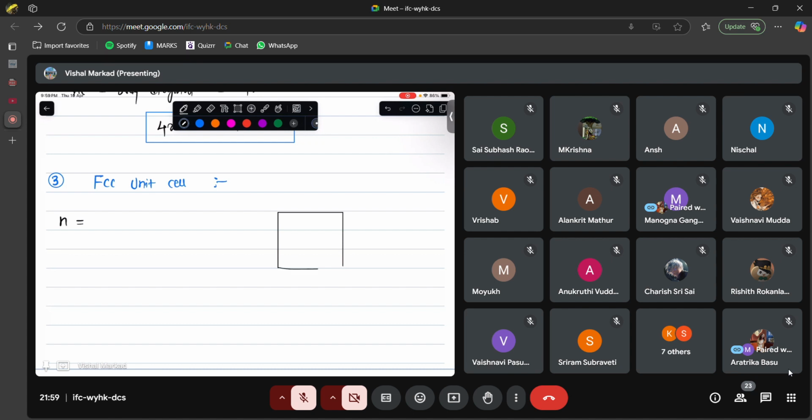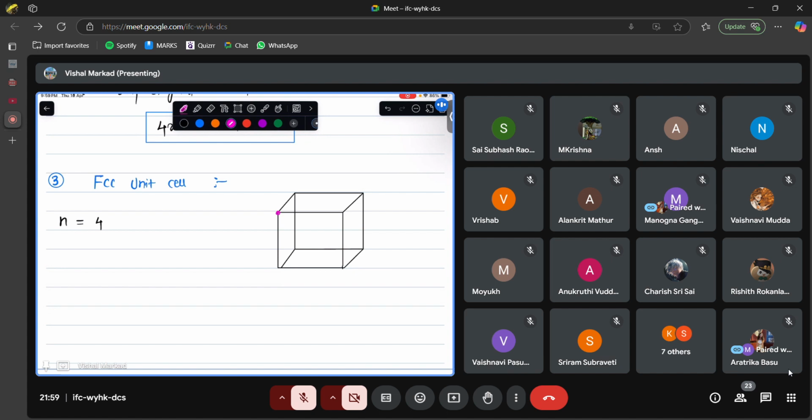On the face and corners. Correct. So total, what is the contribution in FCC? That is 4.